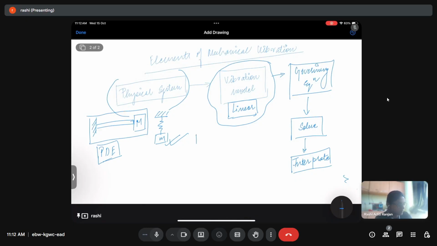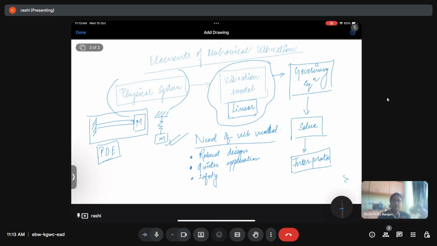first, maybe I should write it over here, need of vibration model. I hope it is understandable that there are various needs, like a robust design for quieter application, safety purposes, because then we can avoid the resonance condition, right?